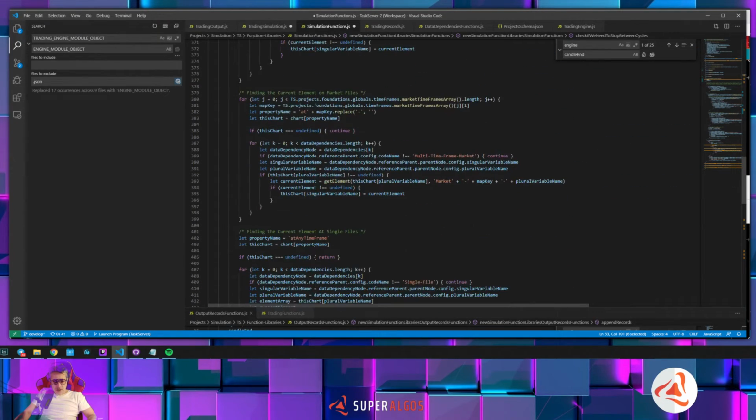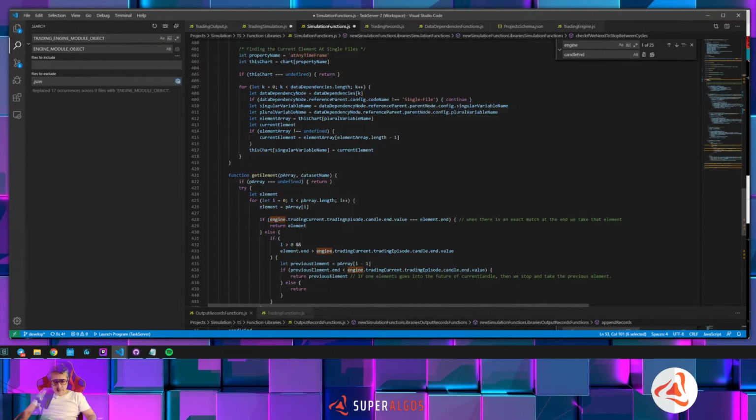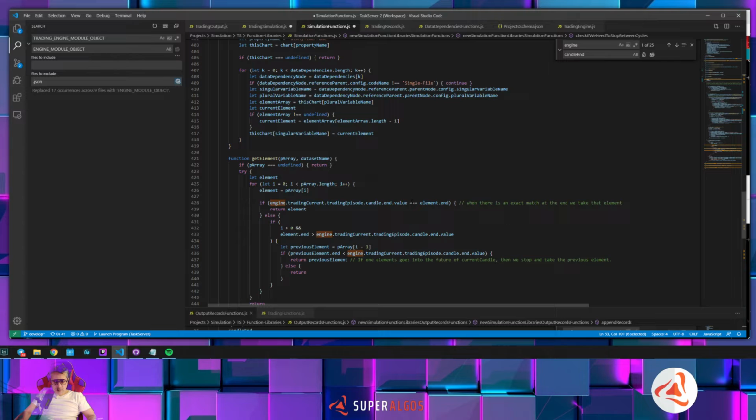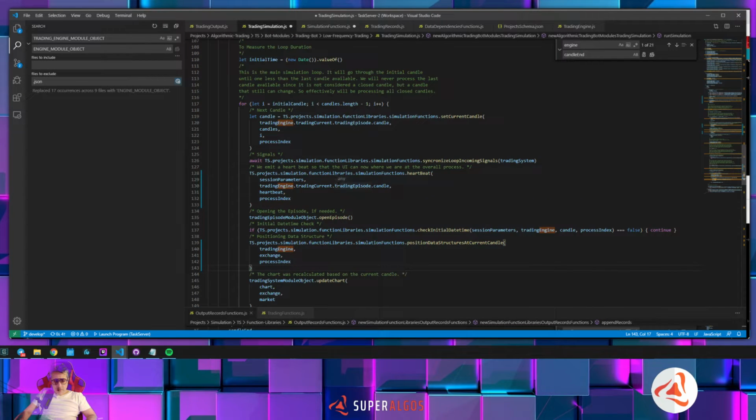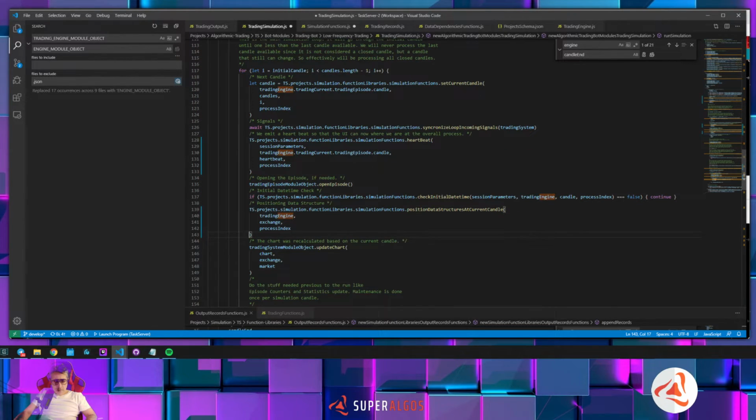Positional current candle. Yes. So this is what we need, without the engine.